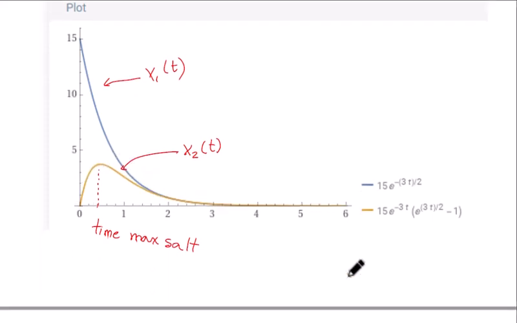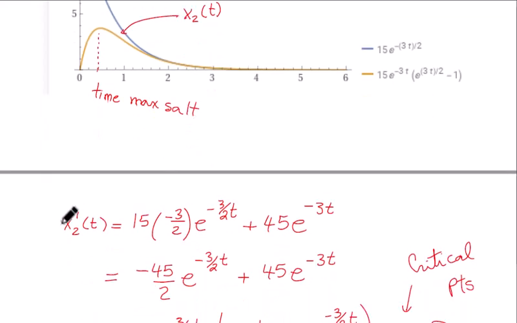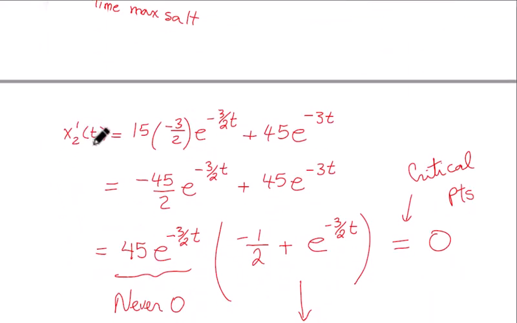What you see from this picture is there is a time between 0 and 1 where we're going to be at the maximum amount of salt in tank 2. So the question is, when does that happen? That's going to be a critical point of x2. So form the derivative of x2 of t, and I want to set this equal to 0.